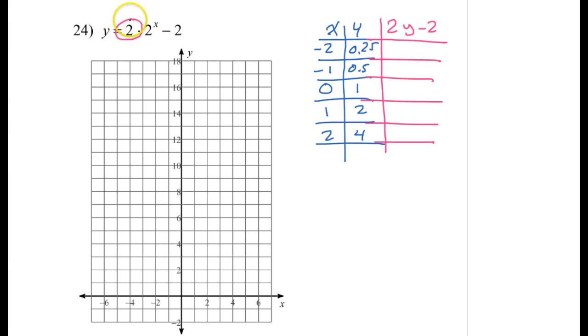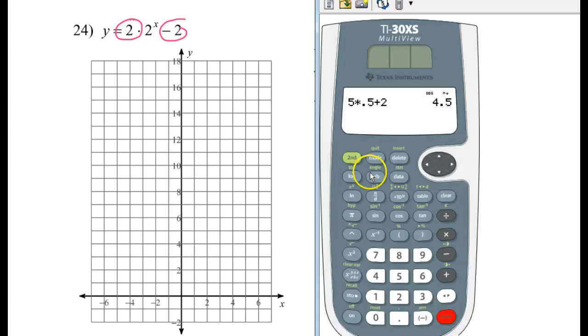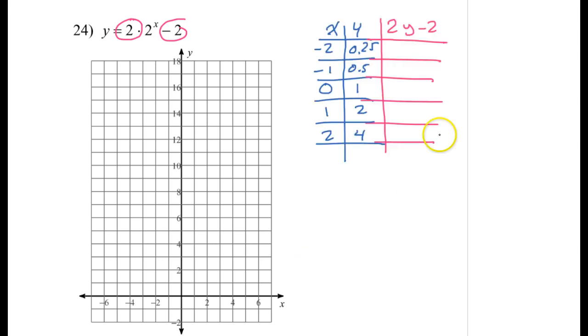And that's coming straight from these transformations. Okay, so use your 4-function calculator if you want to. So it's going to be 2 times 0.25 and then minus 2. So that's negative 1.5.